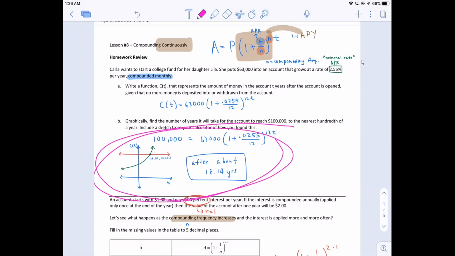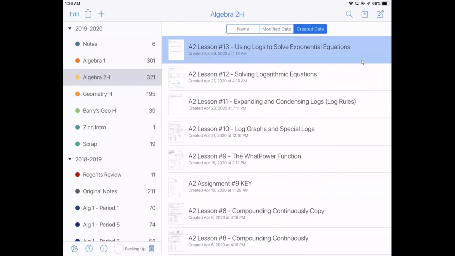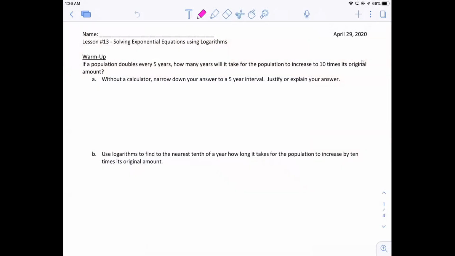We were solving this graphically before, but now we will be able to solve a question like this using logs. So this is really more or less a review lesson, right? Because we already know how to solve log equations. We're just applying it to some older style exponential problems, all right?